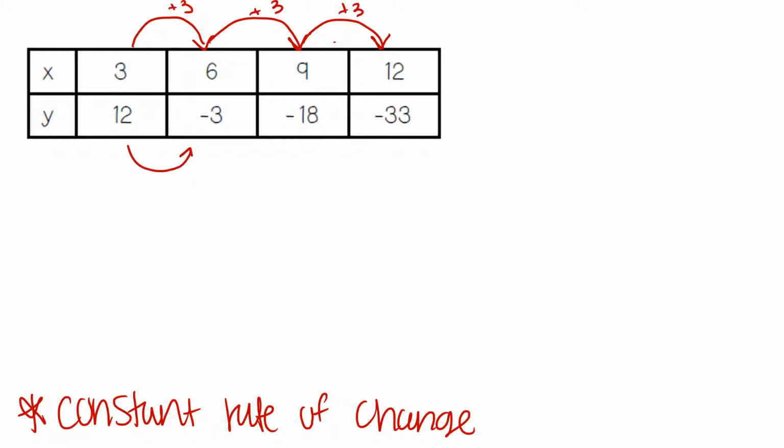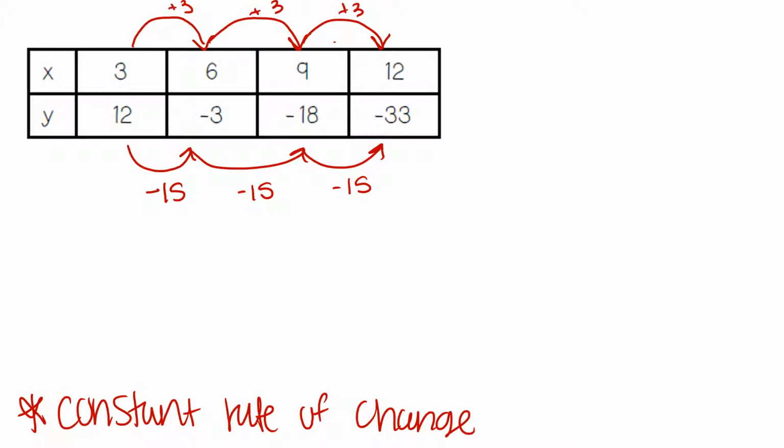We do the same thing on the bottom. 12 to negative 3 is negative 15. We're going down 15. Negative 3 to negative 18 is negative 15. Negative 18 to negative 33 is negative 15.